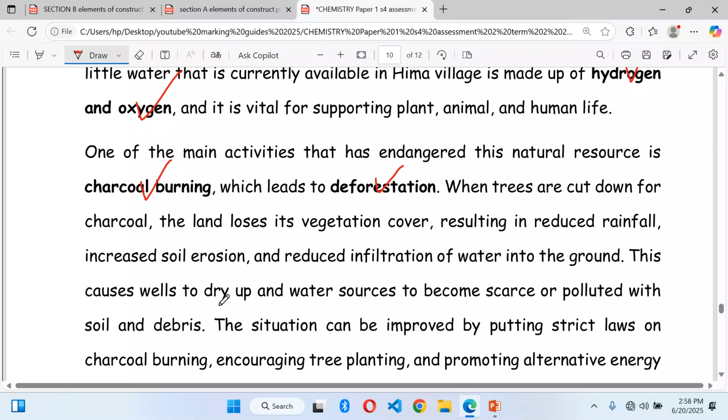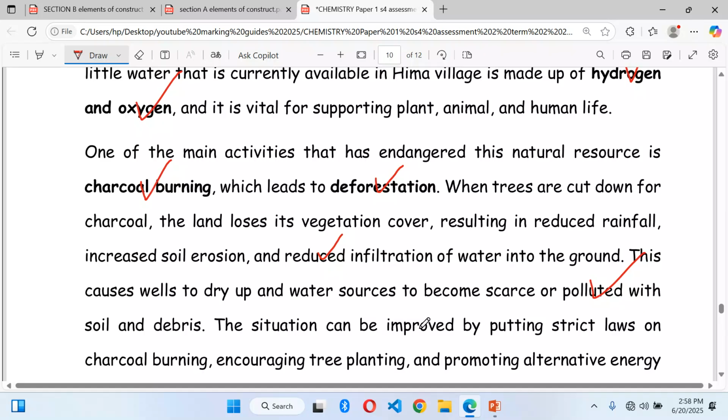These are the results of deforestation. This causes wells to dry up and water sources to become scarce or polluted. Are you seeing how the water sources get polluted? With soils and debris.